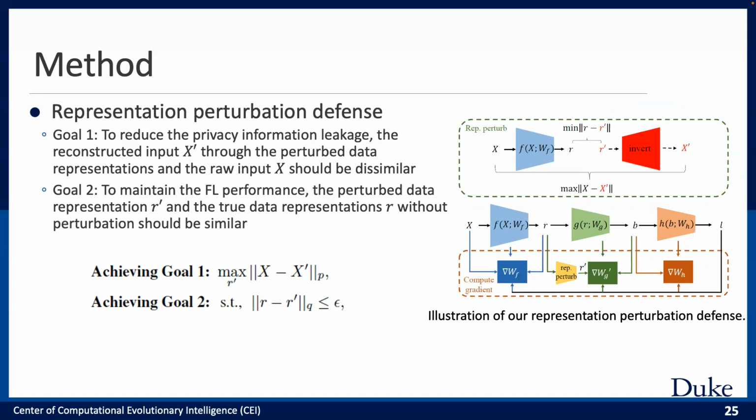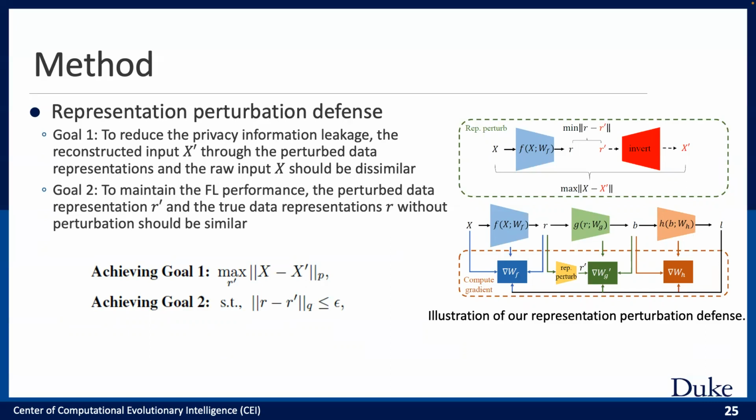So our goal becomes, number one, how we can reduce the privacy information leakage, or say the reconstructed input, through this perturbed data representation, so that the reconstruction and the raw input are dissimilar, because we want to make sure there's no way for us to restore this information. And goal two, to maintain the federated learning performance, because it is still the key parameter we're going to retain.